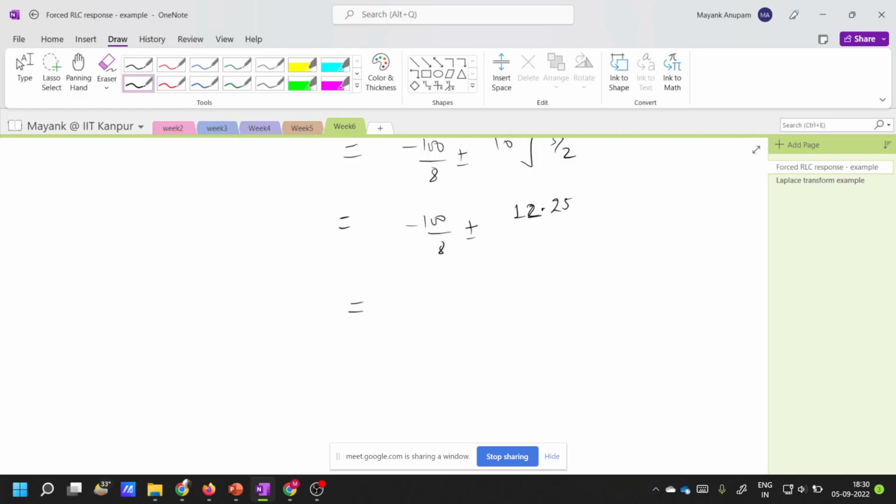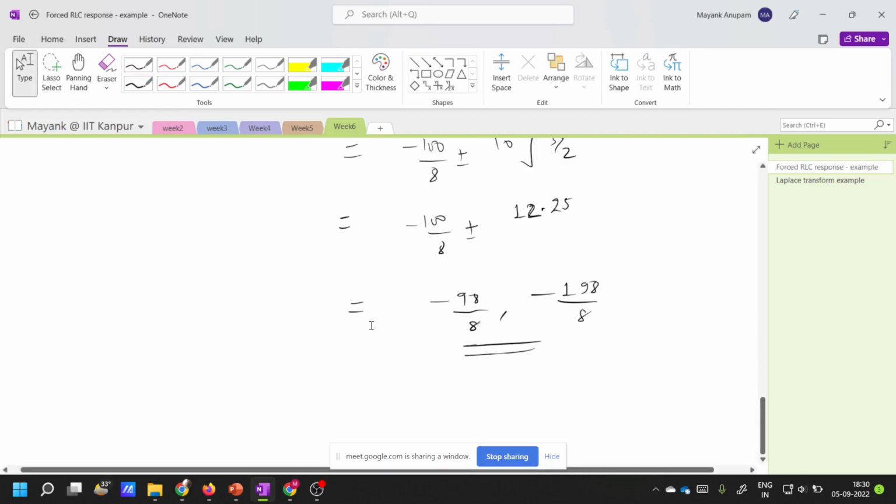One is 98 approximately, and one is 198. So one is minus 98 by 8, and another one is minus 198 by 8. These are the approximate solutions, isn't it?